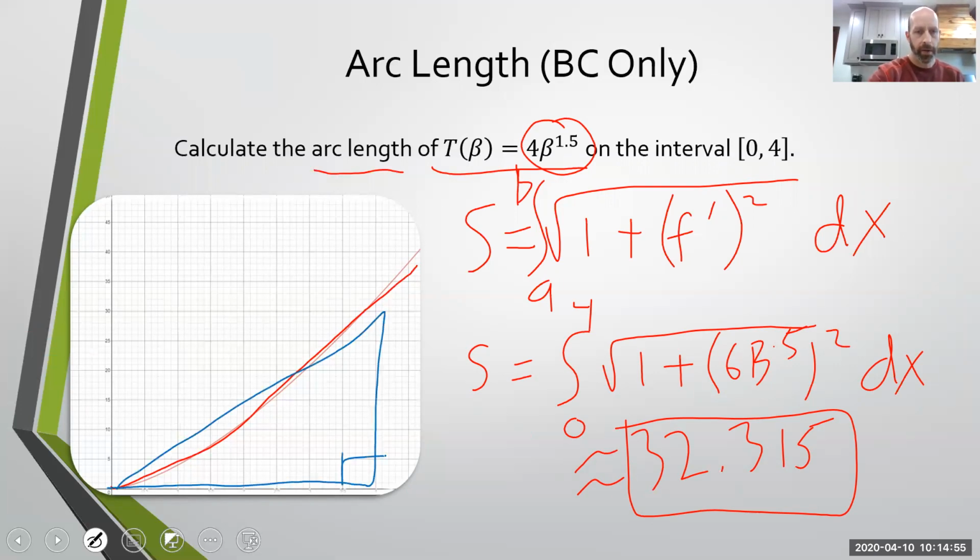This length down here would be 4, and this height here is roughly around 30. So if I were to calculate that segment's length, it gives you an idea that this answer should be about right, because it turned out to be about 31 or something like that.